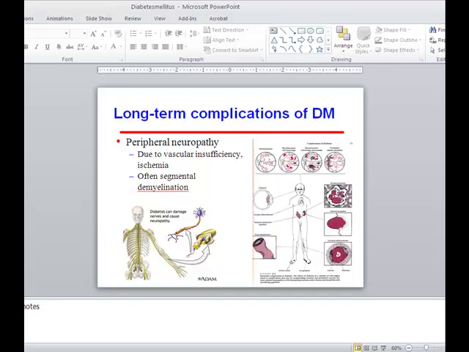And the nervous system is affected, the central as well as the peripheral nervous system. The example of central nervous system was your retina. And you have peripheral neuropathy, which is very common. Again, this mainly results from reduced blood flow. Okay? There is ischemia, and the function of the peripheral nerves deteriorates over time, and you can have demyelination that results from this.